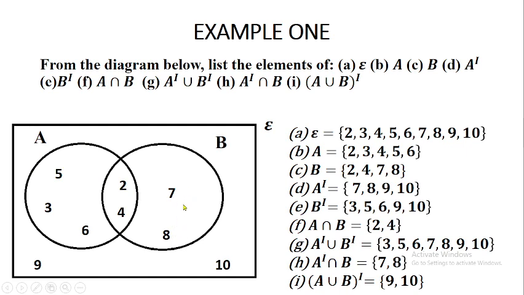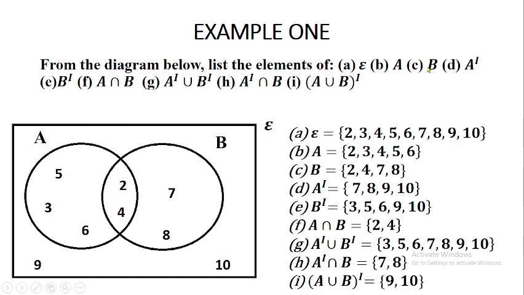All the elements inside this circle belong to set B. This element represents B intersection A. If you want B only, remove what they have in common from all the elements in B. That will give us B only. So we are not doing that for now. We are coming back to that.